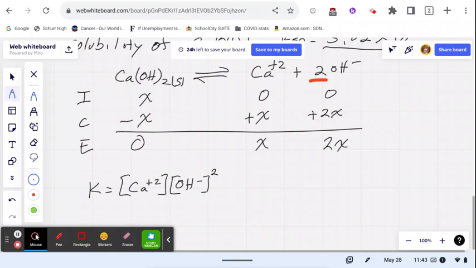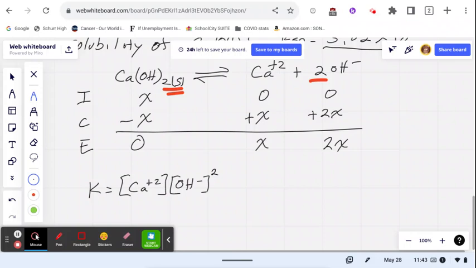Once again, notice that the one reactant is a solid, so we don't include it in our law of mass action. So the equilibrium expression is K is equal to calcium ions times hydroxide ions squared.